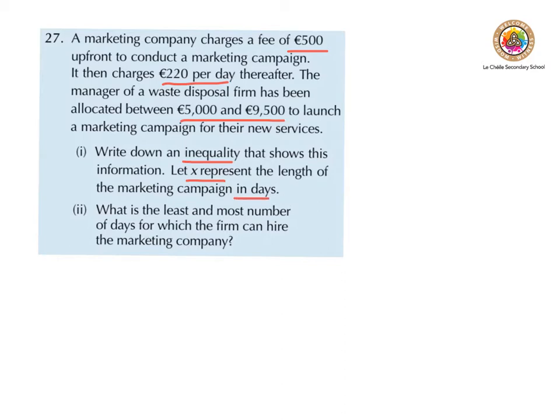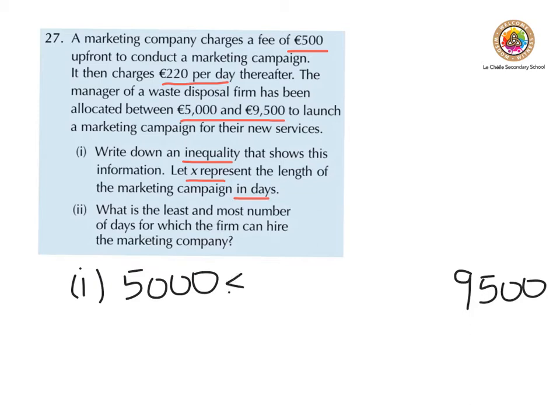Okay, so our first part then, well, what were the boundaries that I could have in my campaign? Well, I could have 5,000 was the minimum I could spend, and the maximum I could spend is 9,500. Now, and so here I assume I can include both of those.